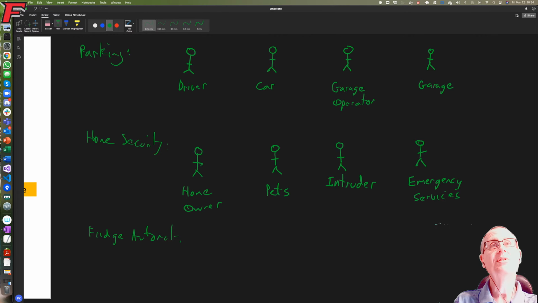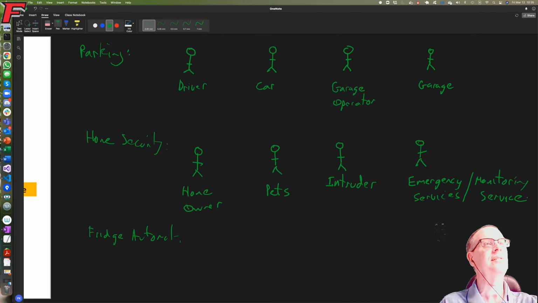Maybe it's not emergency services, maybe it's a monitoring service, ADT or somebody like that. And ADT then probably pulls in the emergency services. But again, it's something you want to think about.